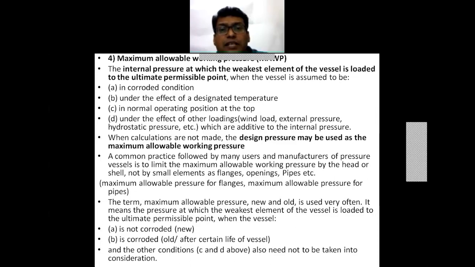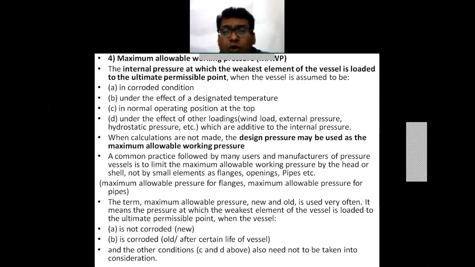This is when the vessel is assumed to be in corroded conditions under the effect of the designated temperature, in the normal operating position at the top, and under the effect of other loadings which are additive to the internal pressure. So these are the different conditions under which the maximum allowable pressure can be checked.